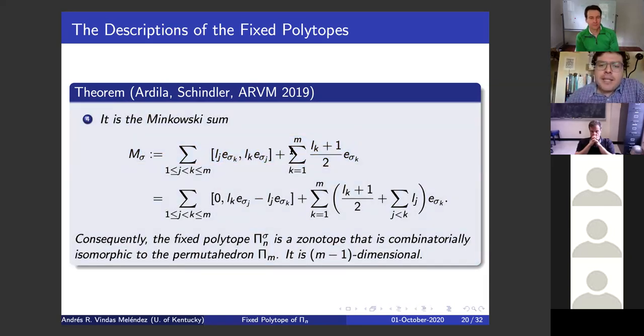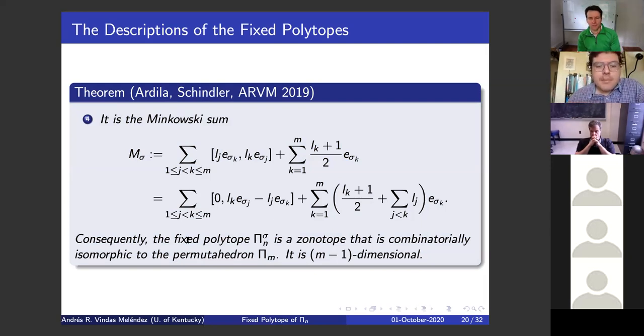But from this last translation or shift here, this tells us that it's half integral. And so what we're going to head towards is trying to give an Ehrhart quasi-polynomial for these polytopes. But that's nice in a sense because now we only care when it's even or when it's odd.